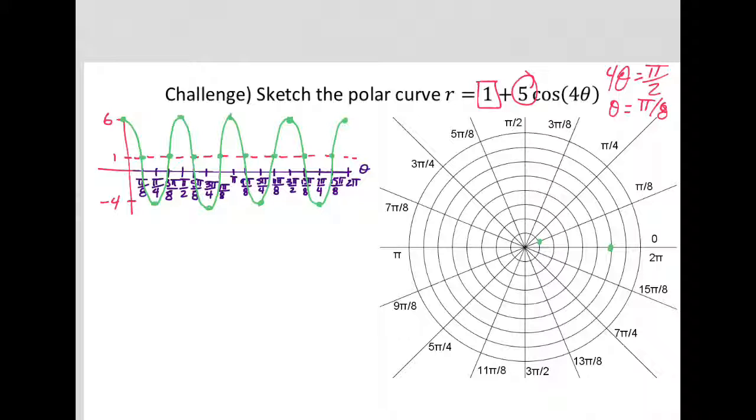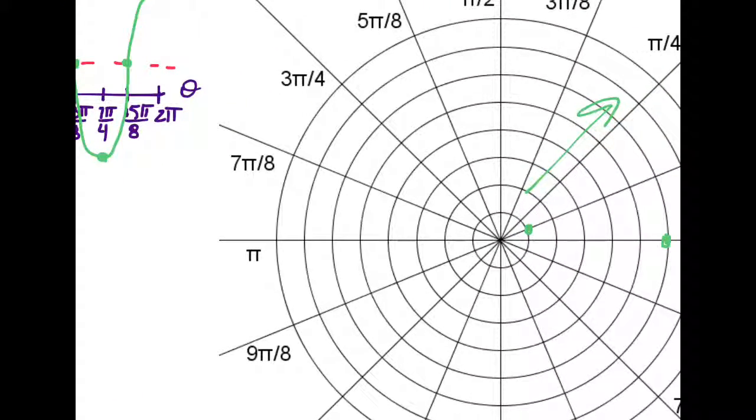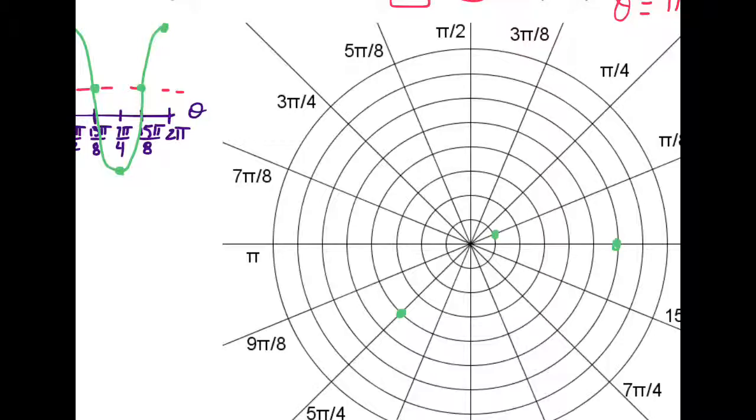When theta is pi over 4, I'm at -4, which means instead of being up along pi over 4, I am down, negative, along the 5 pi over 4. And what is that value along the 5 pi over 4? Well, that is 4. So I am going to be 1, 2, 3, 4 right there. So let's sketch this in. I'm going big petal in.